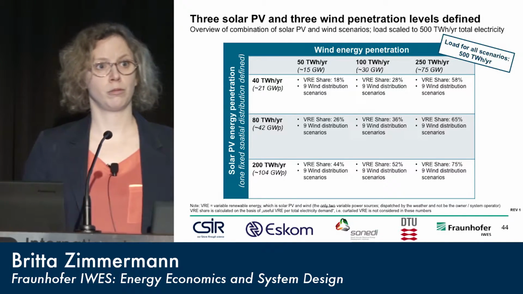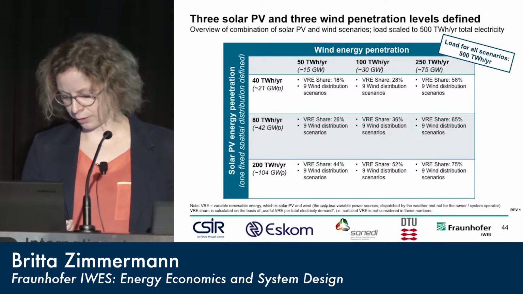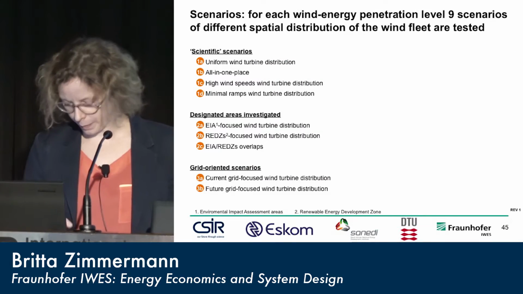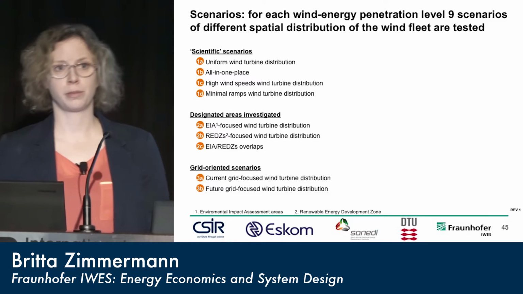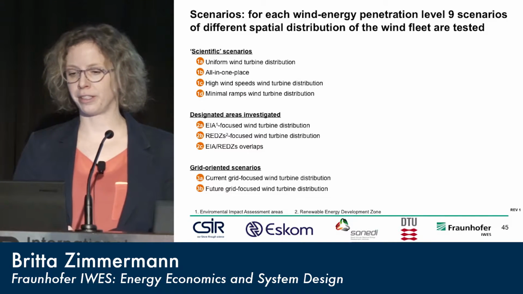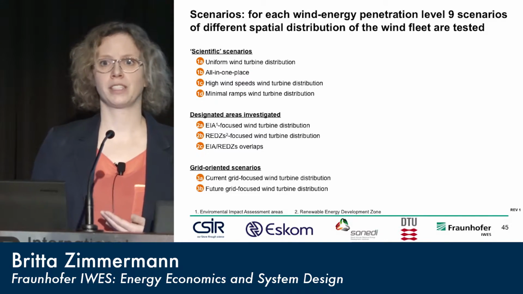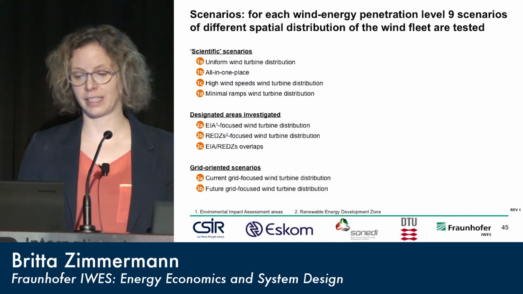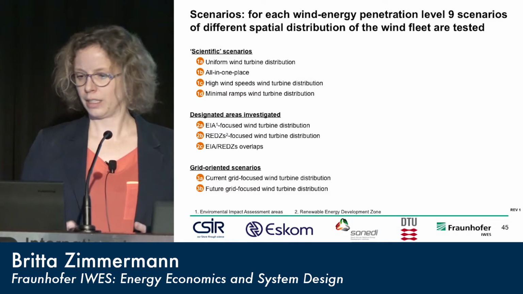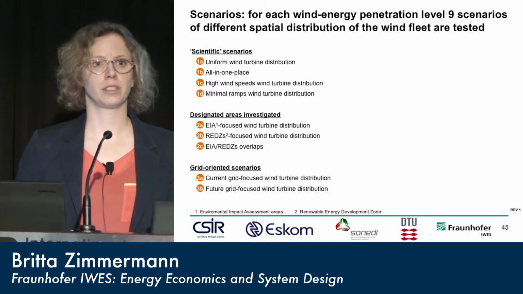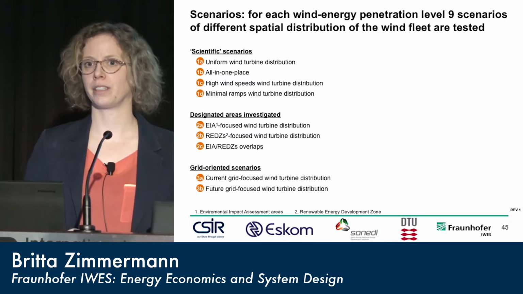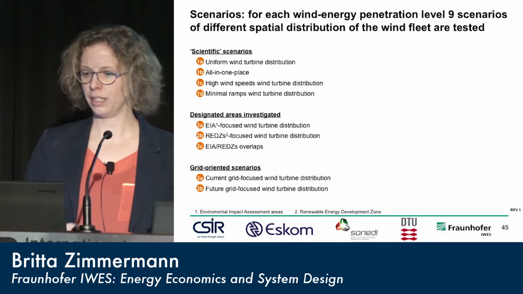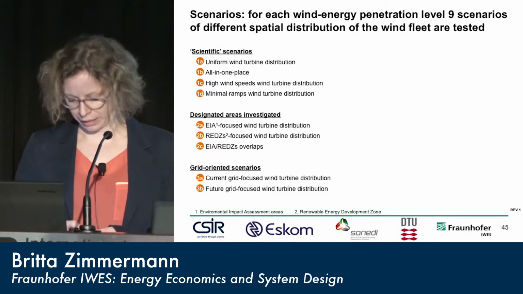In the following, I will describe the scenarios in detail. First of all, we have a group which we call scientific scenarios, which means to say that these scenarios are not very likely, but still assessing them will give us important conclusions about how the South African power system would react to different distributions of wind.